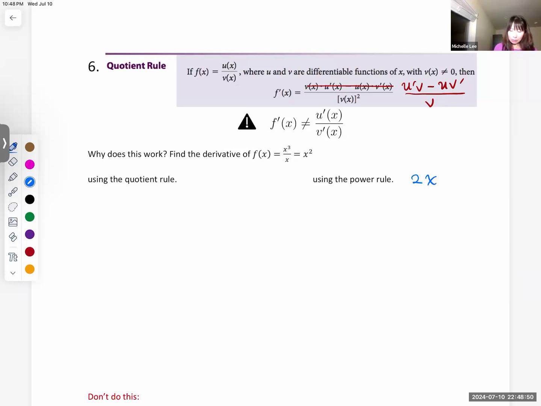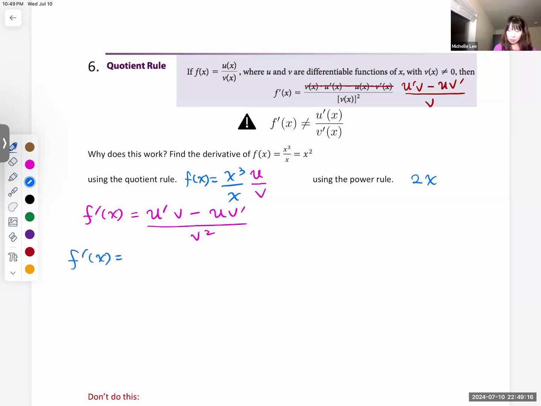So we have f of x equal to x to the third power over x. So this is u, this is v. Then we are using u prime v minus u v prime over v squared.